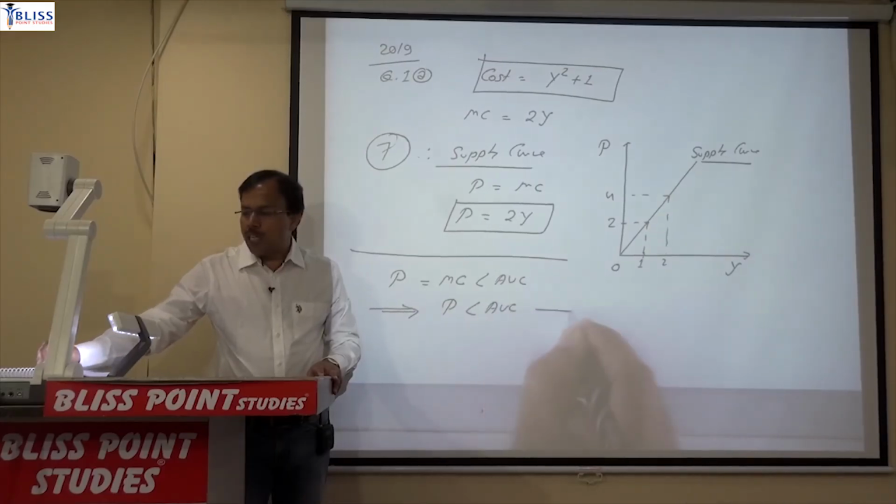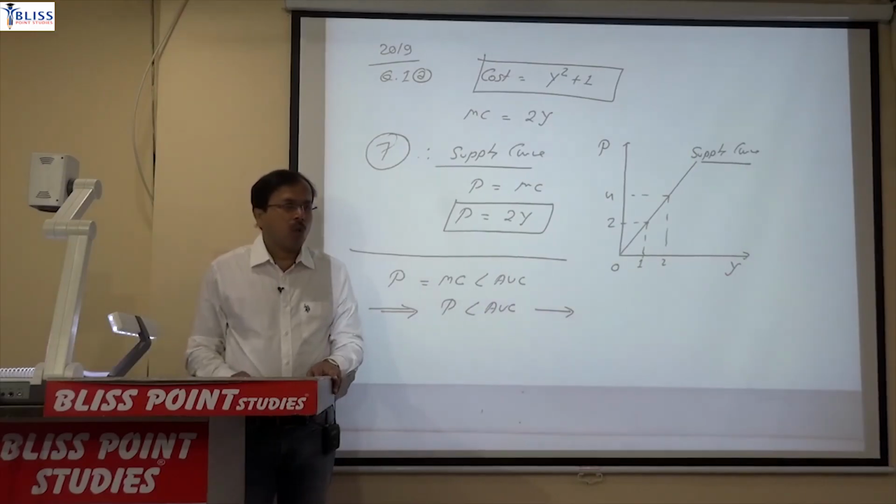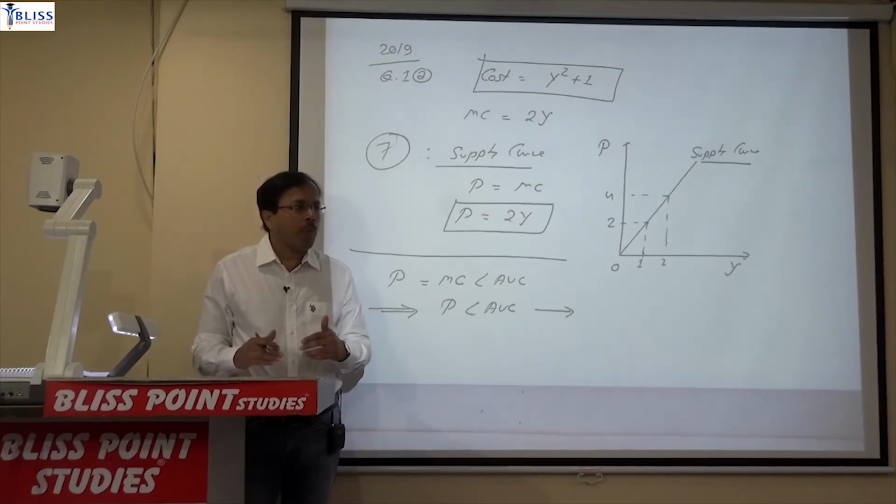But price lower than AVC means there is an operating loss; it is better not to operate, therefore shut down.